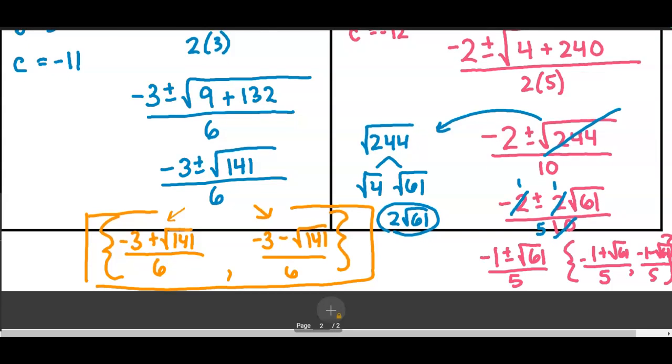And so that's 2 square root 61. So that's why I replaced it with 2 square root 61 and put it up here. And then I got negative 2 plus or minus 2 square root 61 over 10. But 2, 2, and 10 can all be divided by 2. So I simplified all those. And then I got negative 1 plus or minus square root of 61 all over 5.